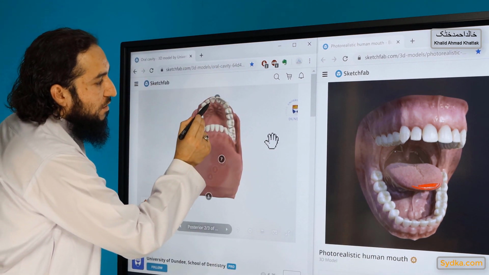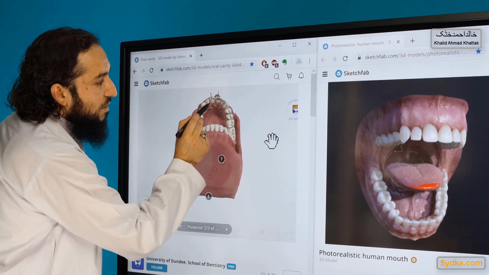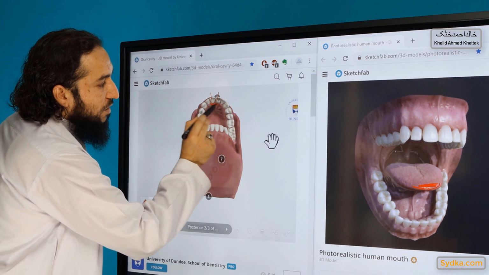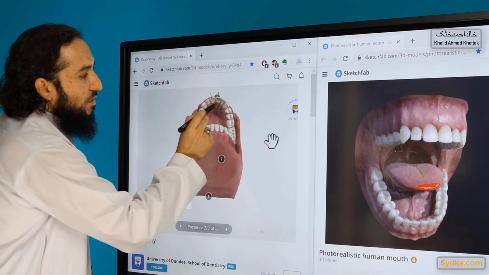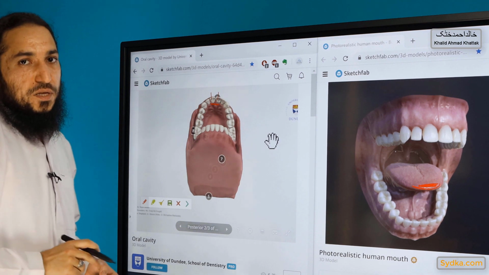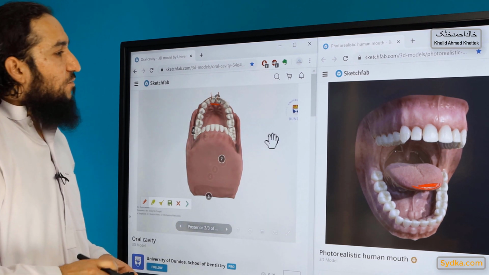These are the top two incisors, and it will be touching these gum lines of the top two incisors, the flapping.